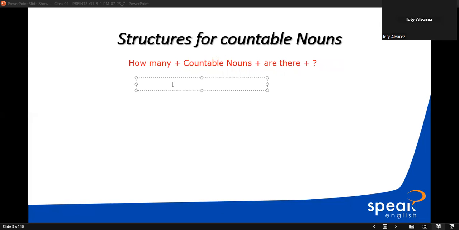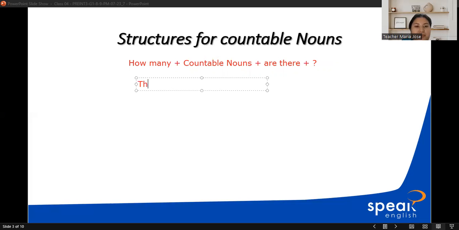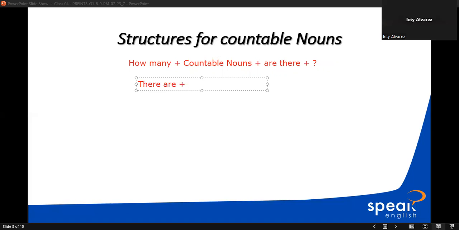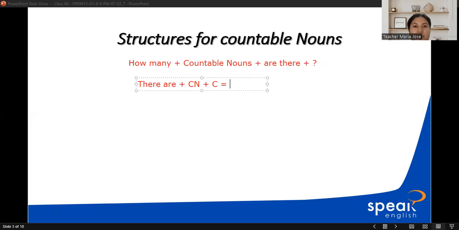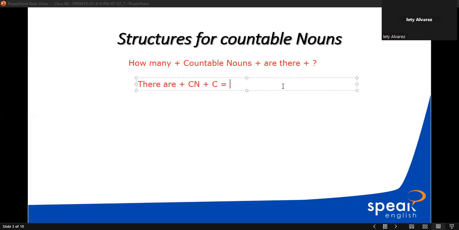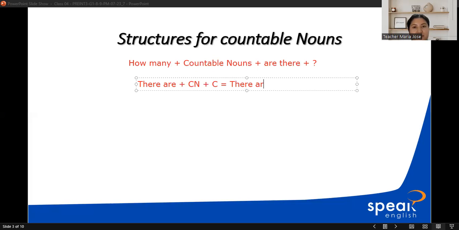There are plus countable noun plus complement. Okay. Can you give me one example? There are apples. Nice.